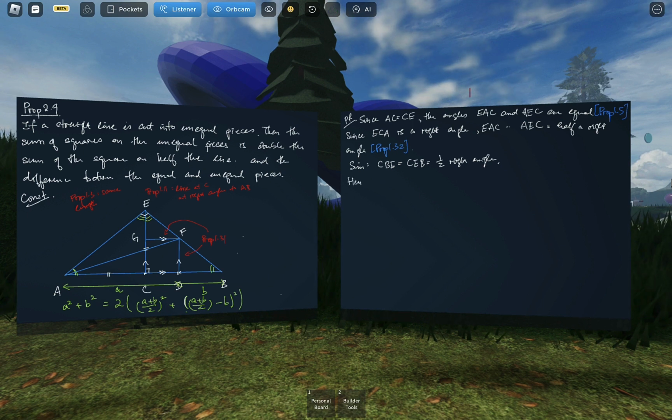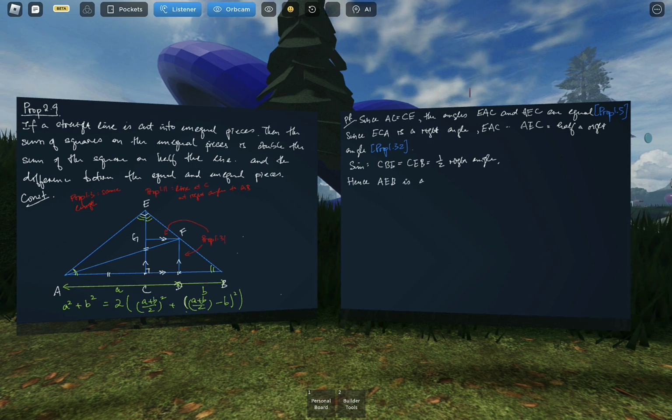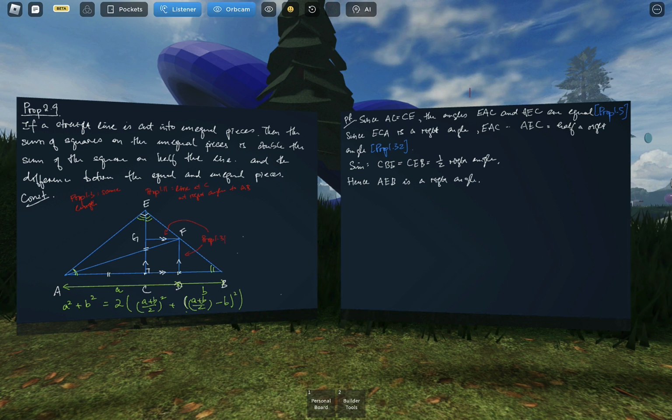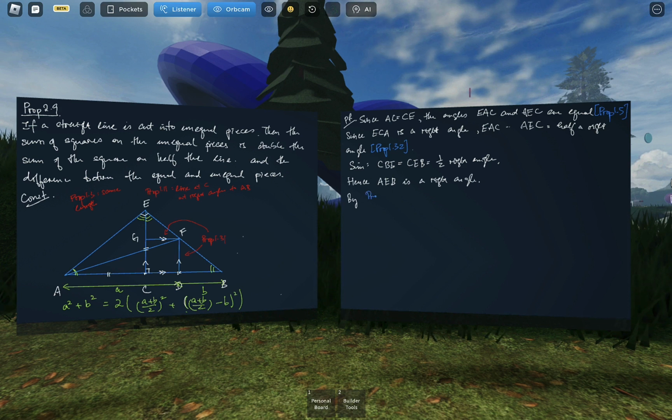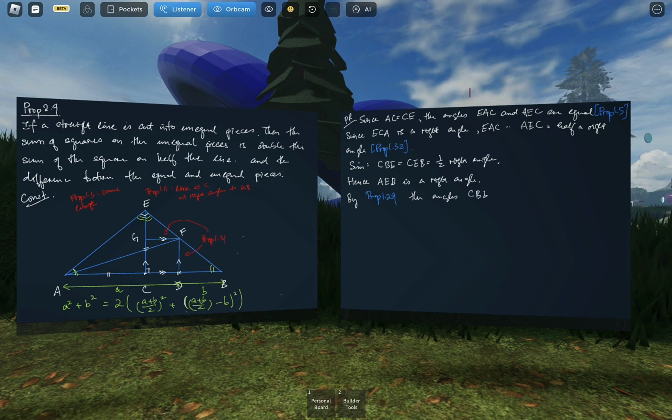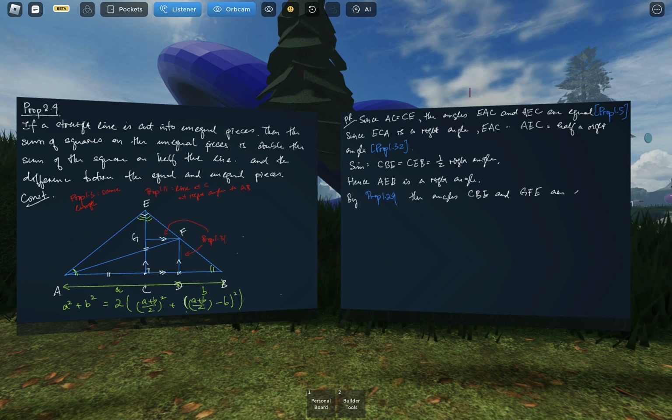Hence, AEB is a right angle. Okay, so next we're going to appeal to proposition 1.29, which says that the angles ACE, CBE, and GFE are equal.